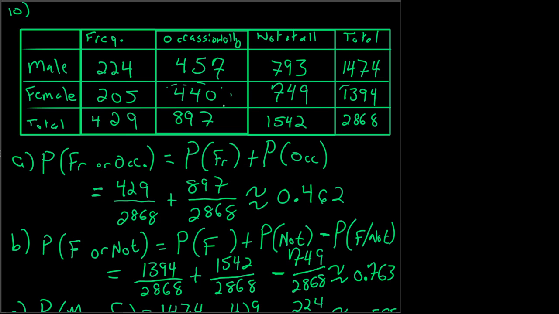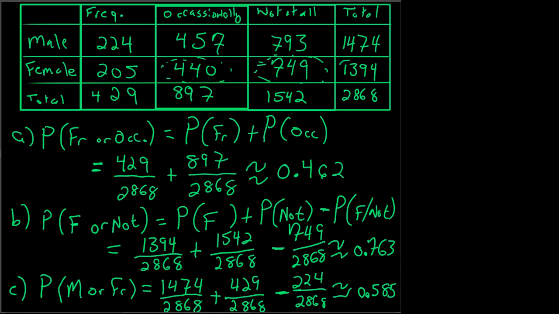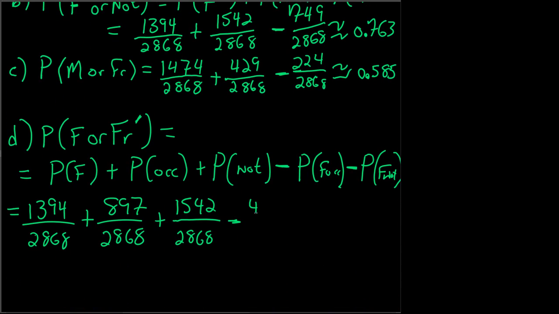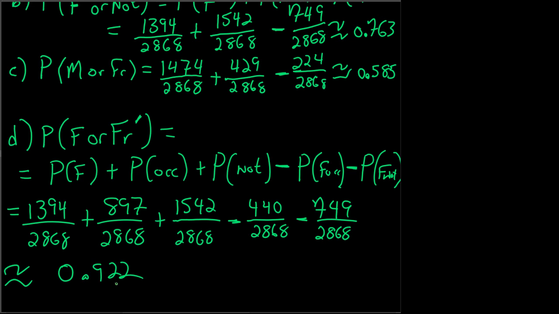And so here's our overlap, where you're female and of those two. So minus 440 over 2,868, minus 749 out of 2,868. And then plugging all that into my calculator, I get a 0.922 probability.